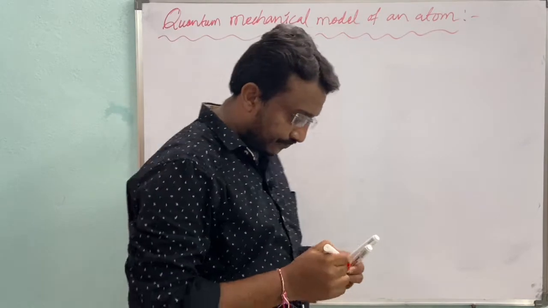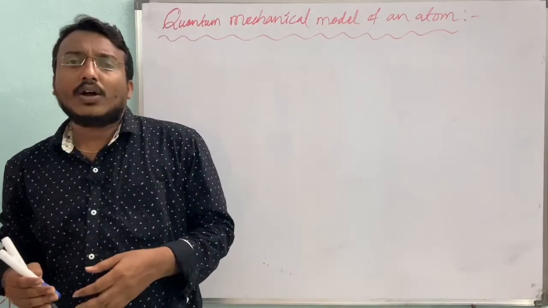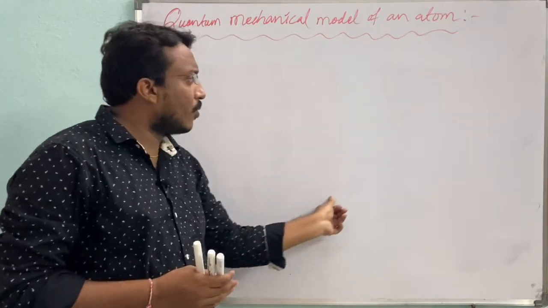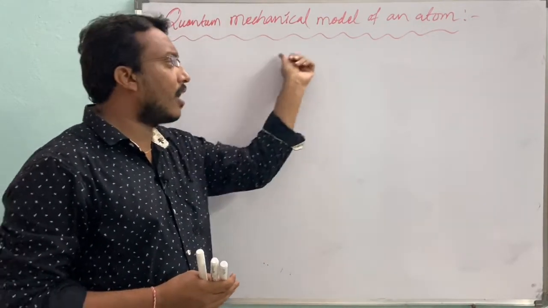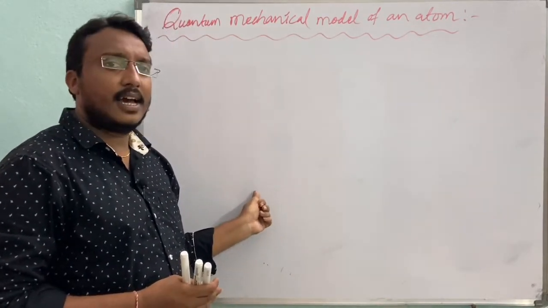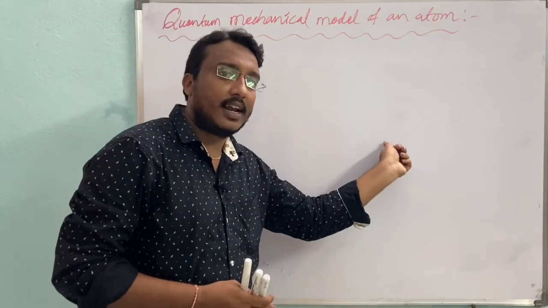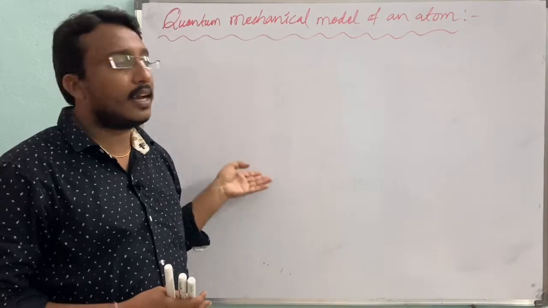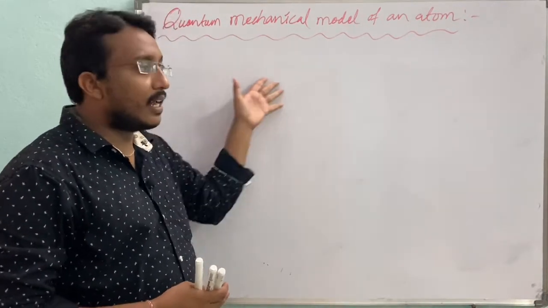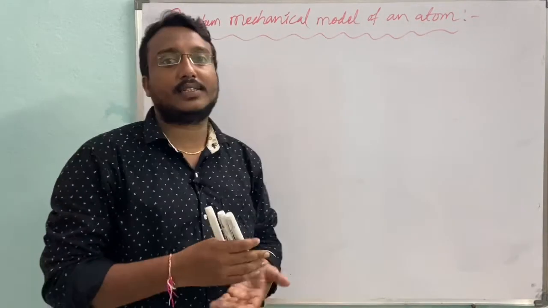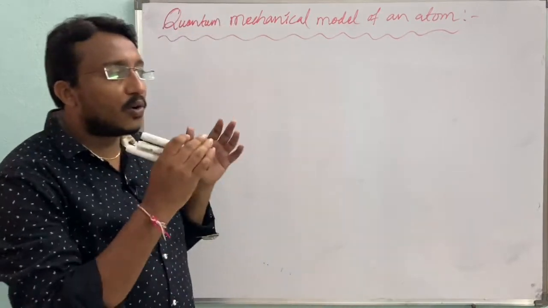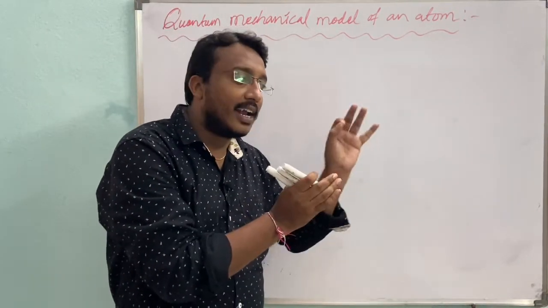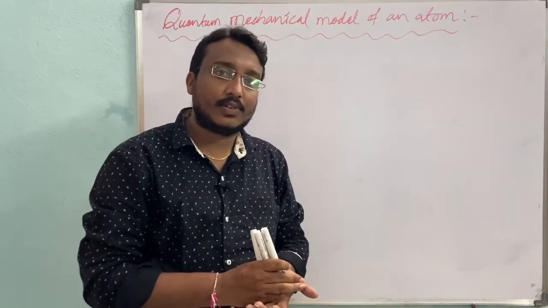Here, according to Bohr's model, the electron revolves in discrete paths, that means in orbits, right? When the electron is revolving in orbits, we should be able to find the exact position of an electron in an atom, right?